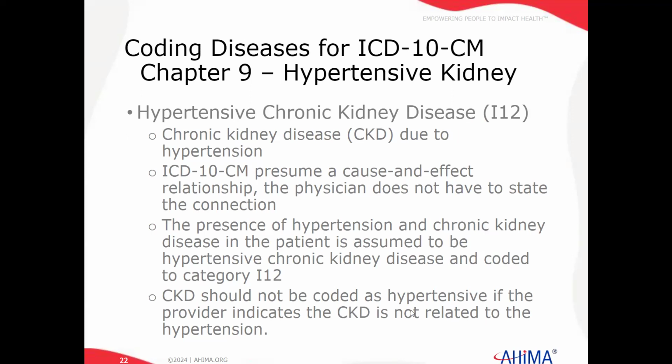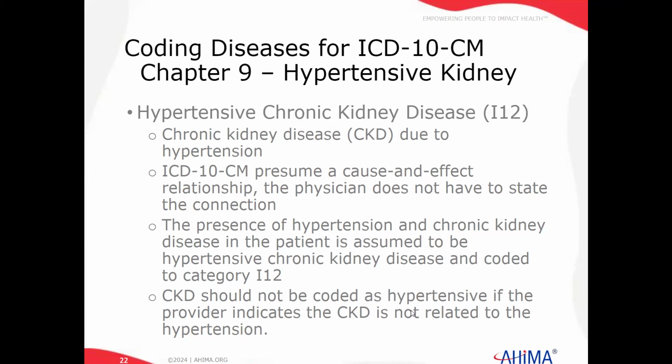In this case, we're having chronic kidney disease due to hypertension, much like the hypertensive heart disease. And likewise, just like in hypertensive heart disease, we presume a cause and effect relationship. The physician doesn't have to state it. The physician only has to state if that's not the case.